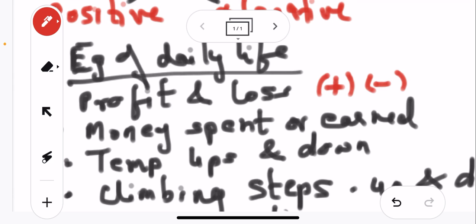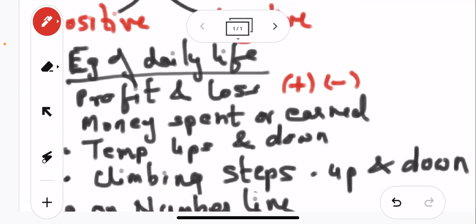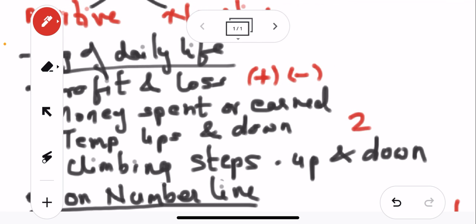When the temperature goes up or the temperature comes down, how will we indicate this with numbers? If I write 24 degrees Celsius, I won't be able to understand whether the temperature went up or down.